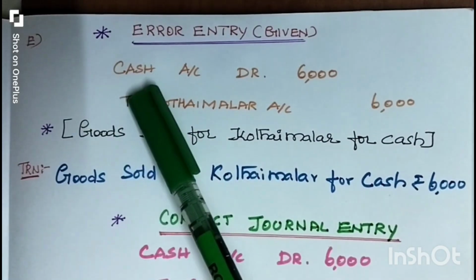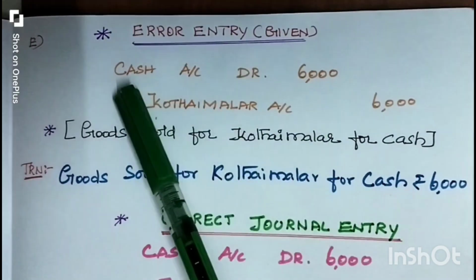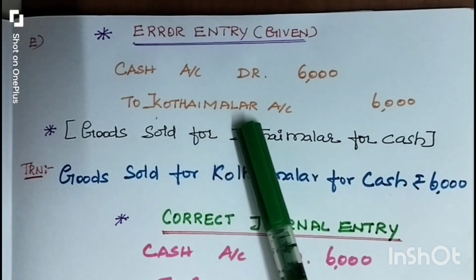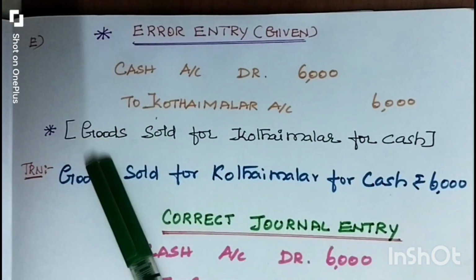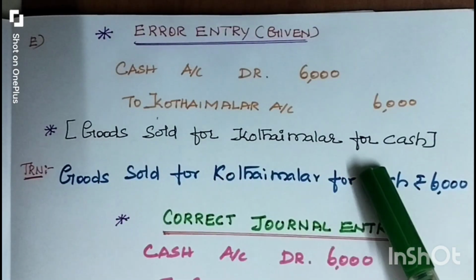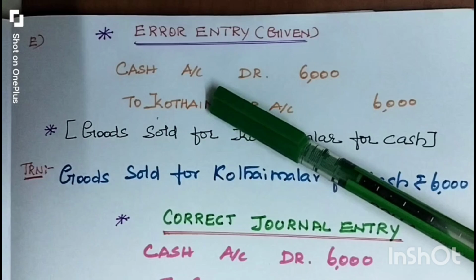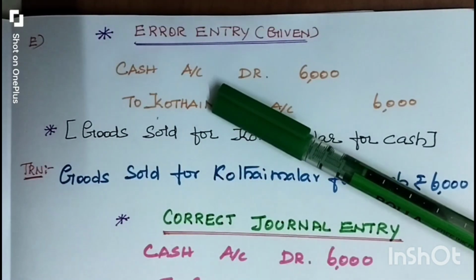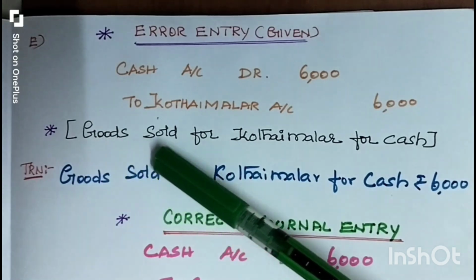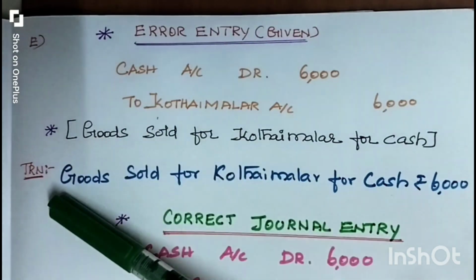Next, the error journal entry given here is cash account debtor 6,000 rupees to Kodai Malar account 6,000. The narration is also given here: goods sold for Kodai Malar for cash. Okay, where is the error? Can you find it? We take the narration as the transaction, then only we can find the error.